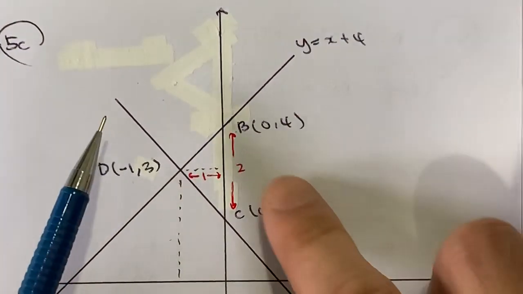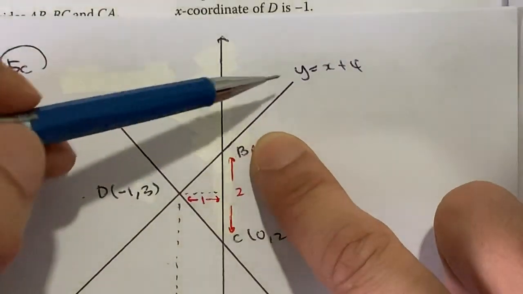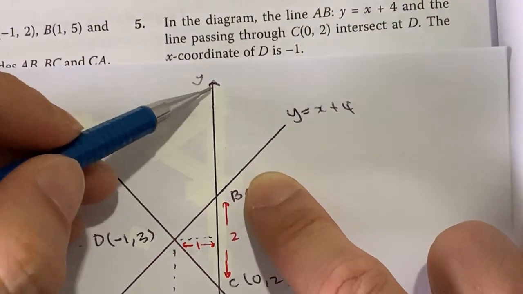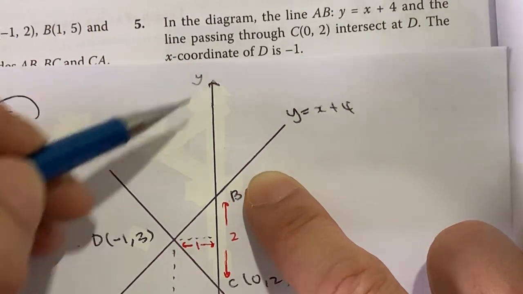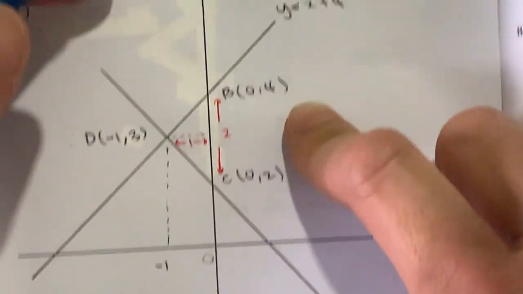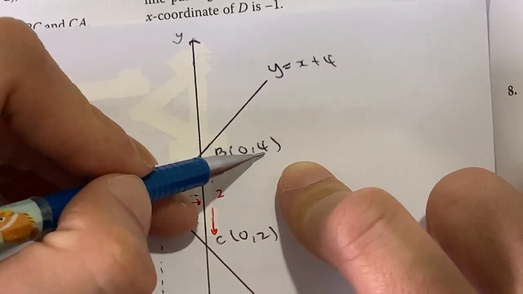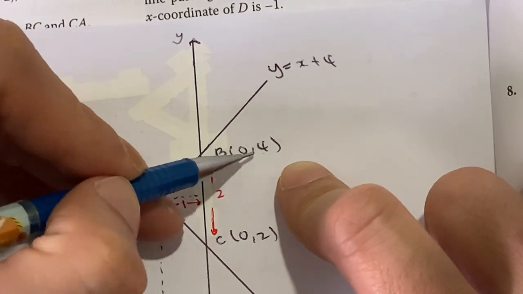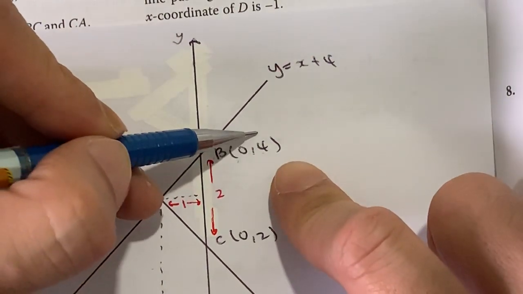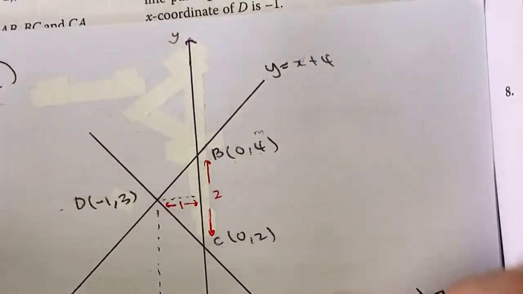This B here, you will notice that it is on the y-axis. So points on the y-axis have an x coordinate of 0. So it will be 0 comma something. So I'll substitute 0 comma m, where m is the unknown, into this y equals x plus 4.